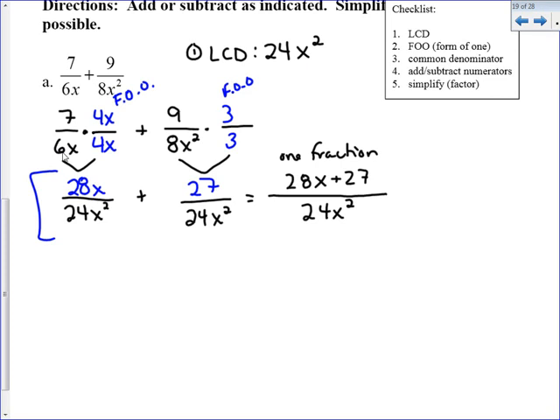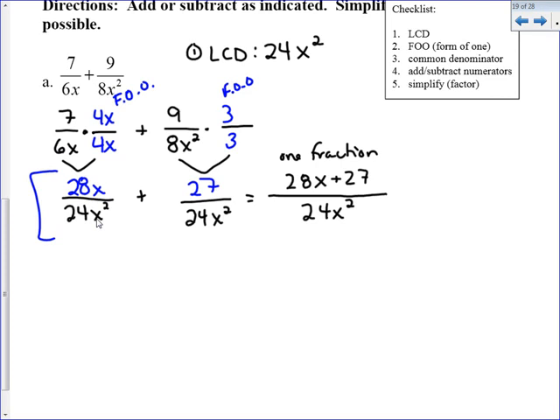So I'm looking at what do I multiply 6x by so I get 24x squared. 6 times 4 will get me to 24, and x times x gets me my x squared.